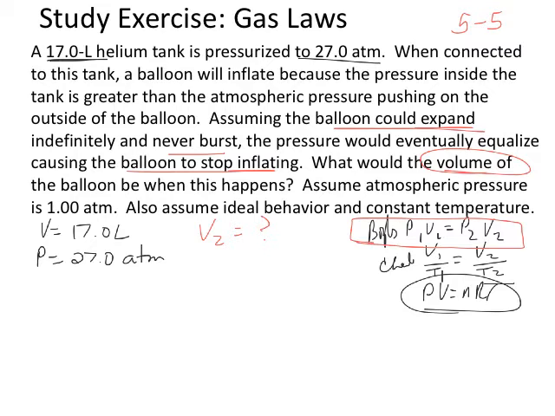Assuming that the atmospheric pressure, so they're telling you you're going from a 27 atmosphere pressure to P2 of 1.00 atmosphere. Assume ideal behavior and constant temperature.